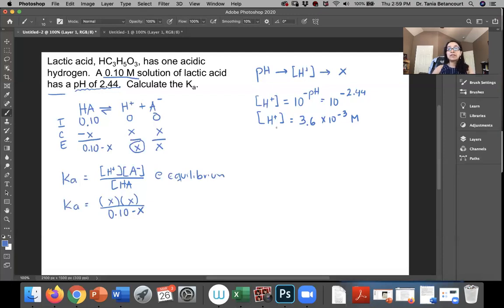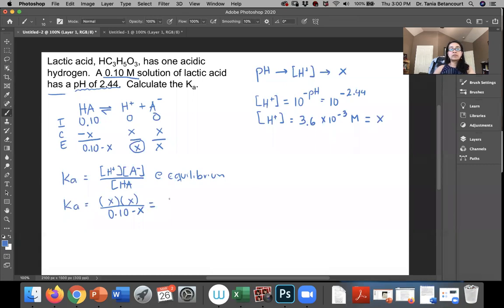And now that we have the hydrogen ion concentration, according to our ice chart, this is equal to X. So now all that we have to do is come back to our Ka equation, and replace X with 3.6 times 10 to the minus 3.